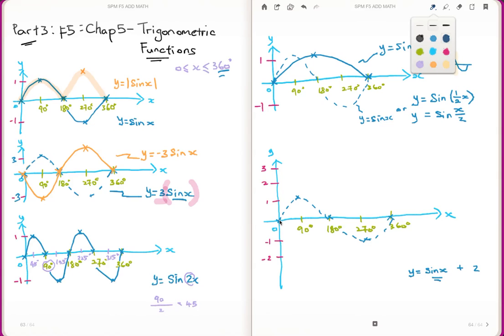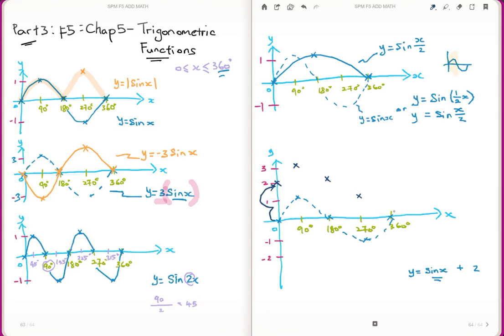So for this coordinate, 0, 0, I plus 2, so increment of 1, 2. Then it should come to here. For this 1, plus 2 becomes 3. Here, negative 1 plus 2 is 1.